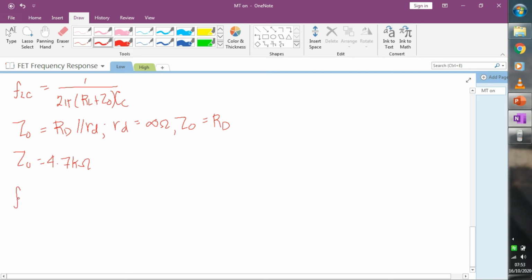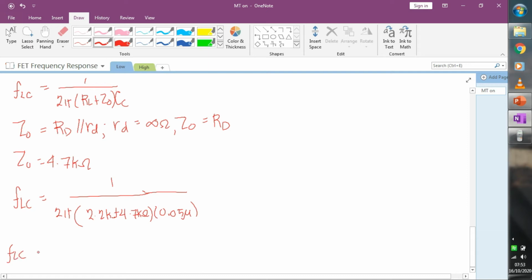Okay, so FLC is equal to 1 over 2 pi times RL, which is equal to 2.2 kilo ohms, plus RD, which is 4.7 kilo ohms, times CC, which is equal to 0.05 microfarad.